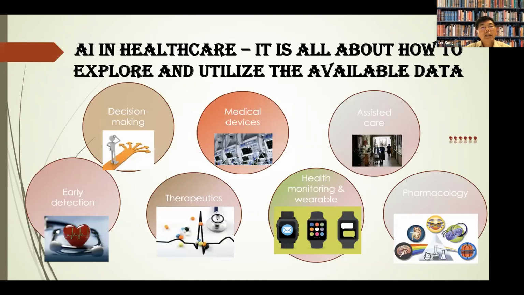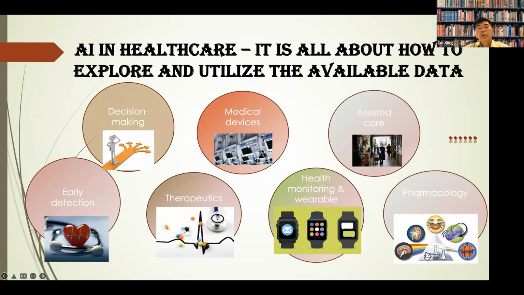Okay, so in talking about AI applications in healthcare, I would say it covers everything from the very beginning to the end, right? From early detection and decision making, to diagnosis and equipment.